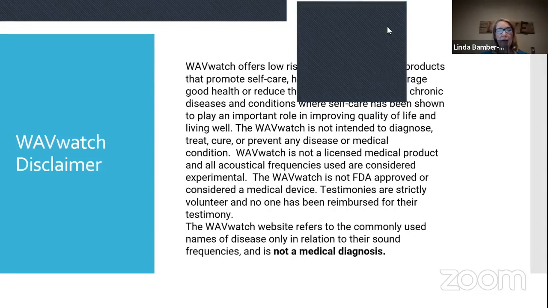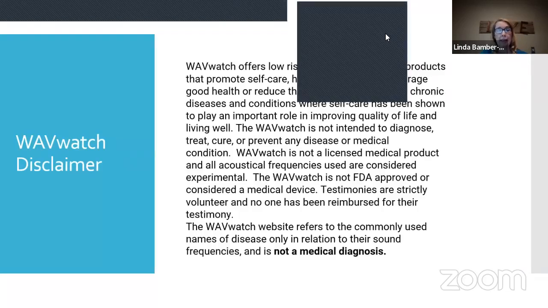We do use a few names for medical diseases, and again, we're just trying to give you a label so that you can find an idea on the WAVwatch, because there are 1,000 ideas and it is hard to find them all unless you have the correct label.